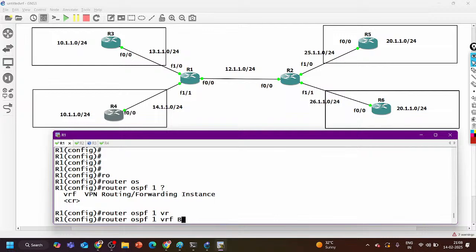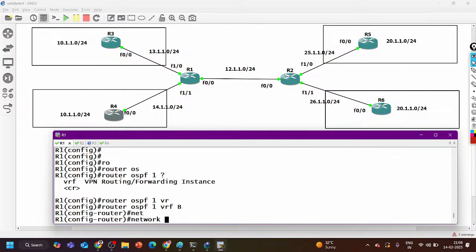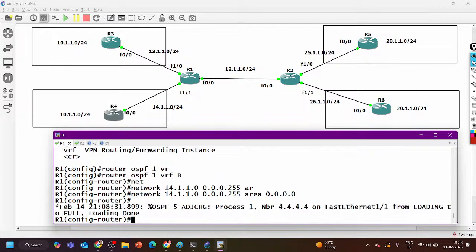For VRF B. Clear? Then network 14.1.1.0 with wildcard 0.0.0.255 area 0. Now I am expecting OSPF neighborship, and here you can see the neighborship.